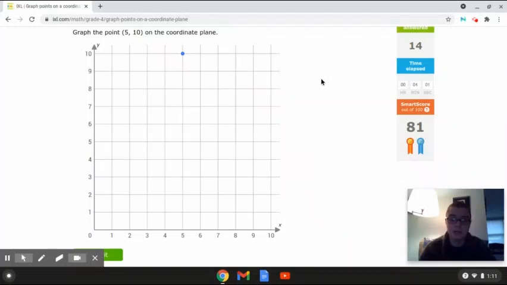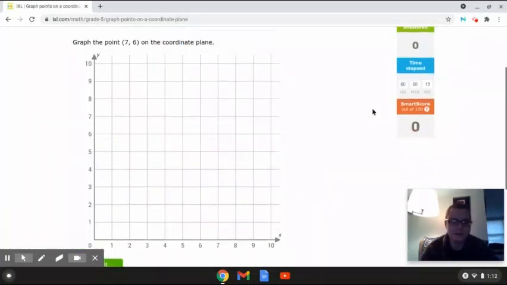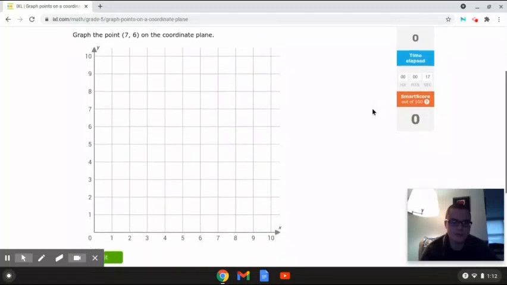I'm going to be doing a couple more with you guys. This next problem reads, graph the point 7, 6 on the coordinate plane. Like I've been saying before, this is the x-axis and this is the y-axis. We are going to be going across for the x-axis and then up for the y-axis.